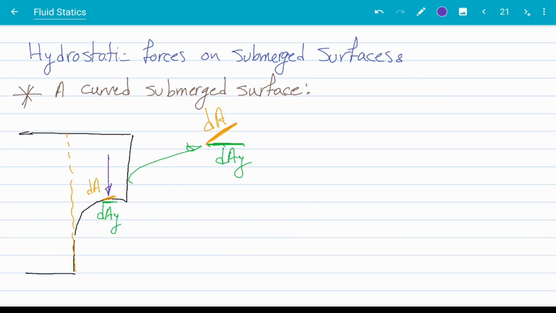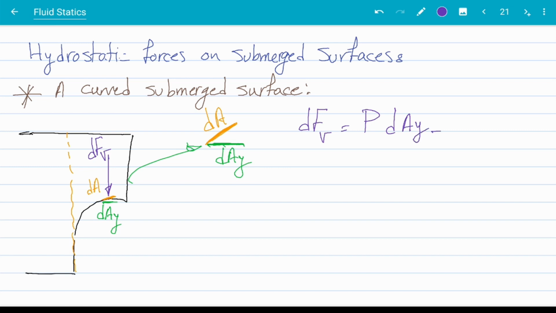So the vertical force, I'm going to show it with FV, meaning vertical force, is the force that this green element is experiencing. So what is that? dFV is equal to the pressure times dAy.